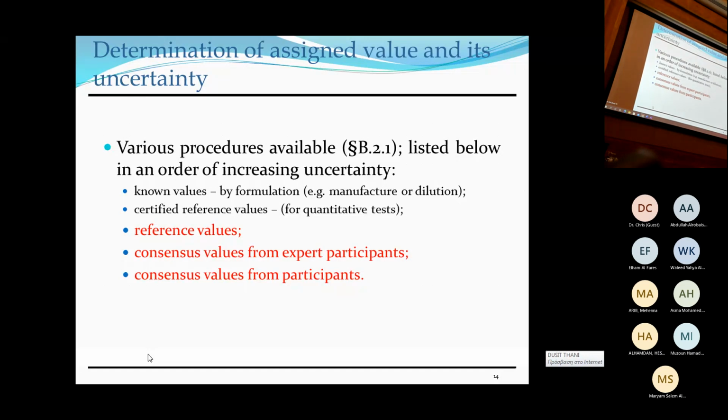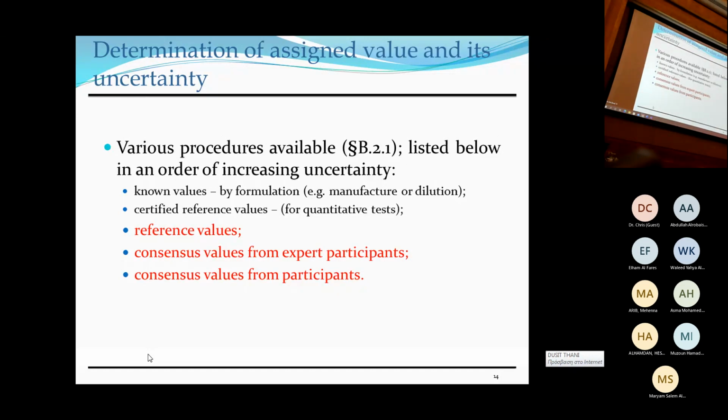Okay, what are the possibilities of assigned value for calibration? Reference values, consensus values from expert participants, and consensus values from participants.